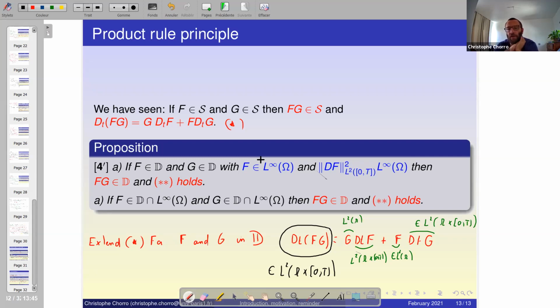This operator is called the Skorohod integral. The Skorohod integral is an integral that will extend the Ito integral you have defined in the first semester, and an operator that has a nice relation with the Malliavin derivative: it is the adjoint operator.